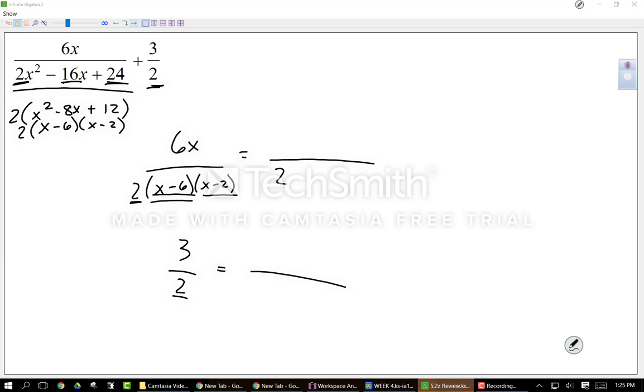Because I have a binomial x minus 6 up on top, but there isn't one here on the bottom, that means x minus 6 also has to be in my denominator. Also the same thing with x minus 2. I have one up top, but I don't have one here, so that means it also has to be in my denominator. So my common denominator is going to be 2 times x minus 6 times x minus 2.